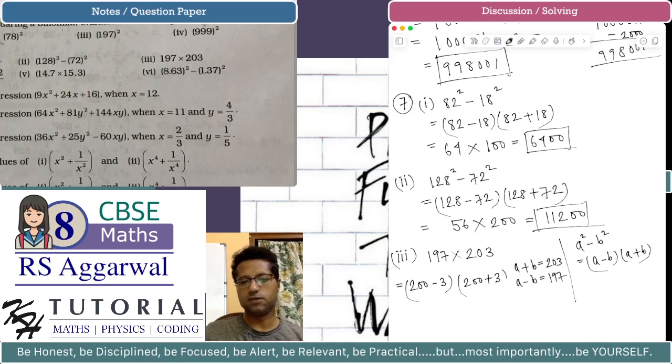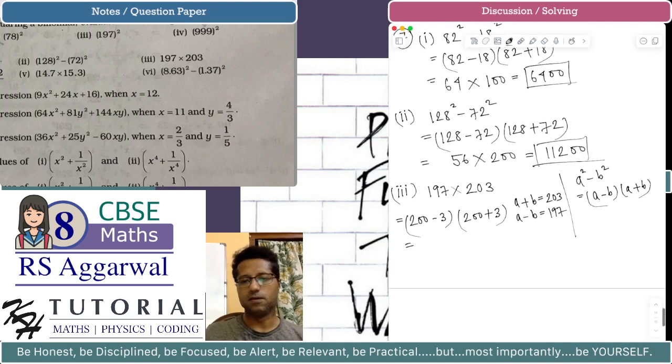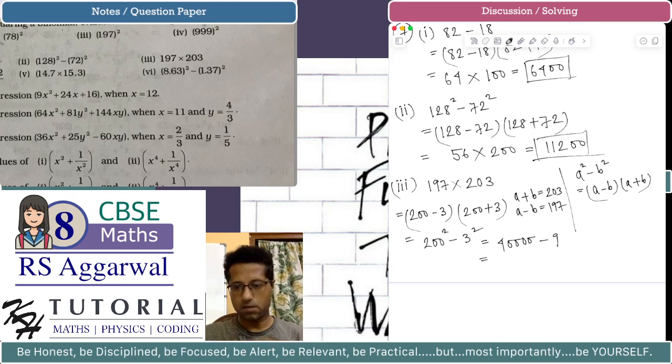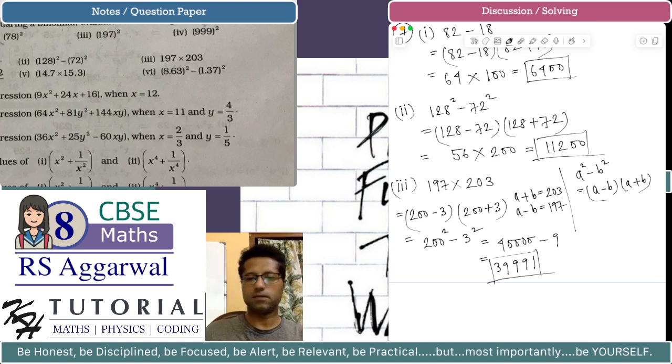So clearly you see it is of the form a minus b into a plus b, which is equal to a square minus b square. So this will be equal to 200 square, which is 40000, minus 9. So this is equal to 39991.